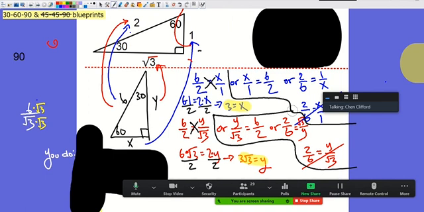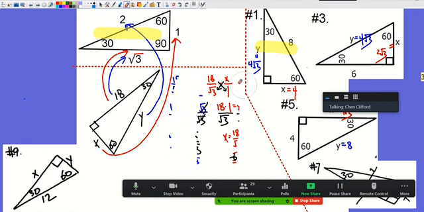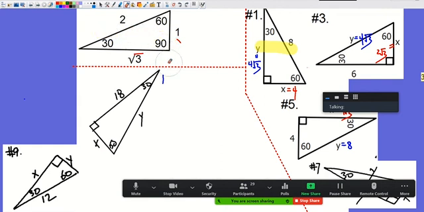All right, here's the next problem. Again, I'm going to move a little bit faster on this one. The y relates to the 2.